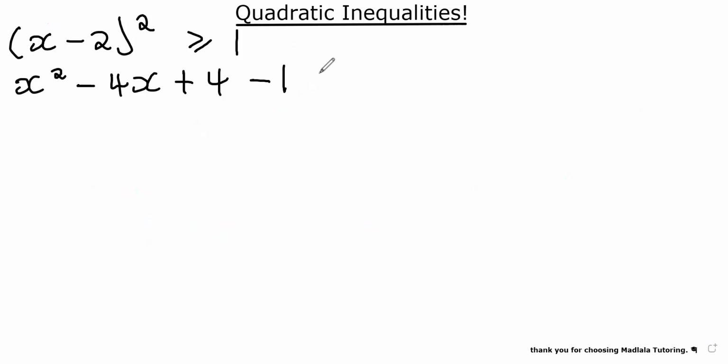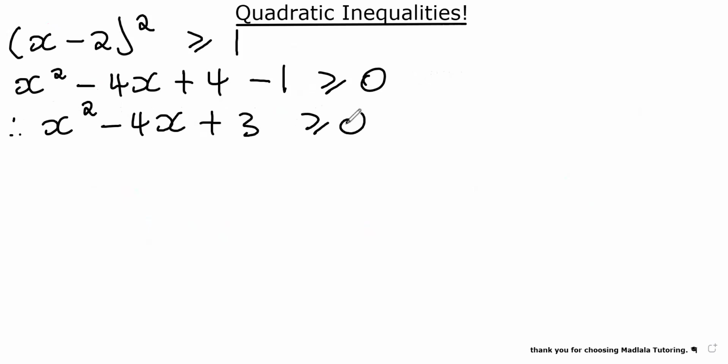Then you say minus 1 greater or equal to 0. Yes? And writing this in standard form, you simply have negative 4x there, and you have a positive 3, which is greater or equal to 0. That is an ugly greater than sign. Yeah, this one is much better.